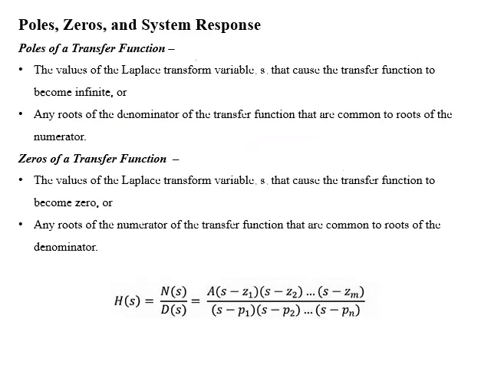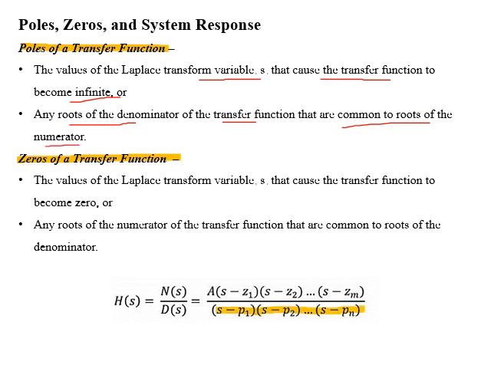Dear students, now we will study poles and zeros of a transfer function. Starting with poles, the values of the Laplace transform variable s that cause the transfer function to become infinite, or any root of denominator of transfer function that are common to roots of the numerator are known as poles.